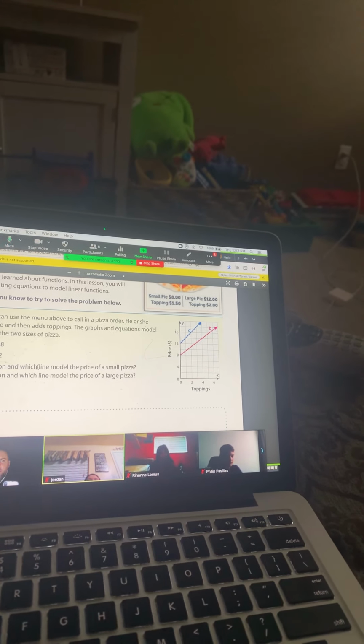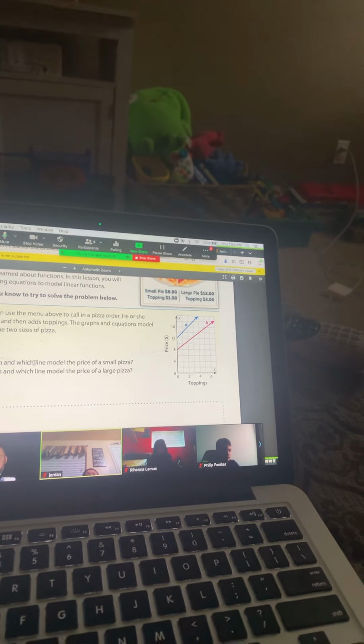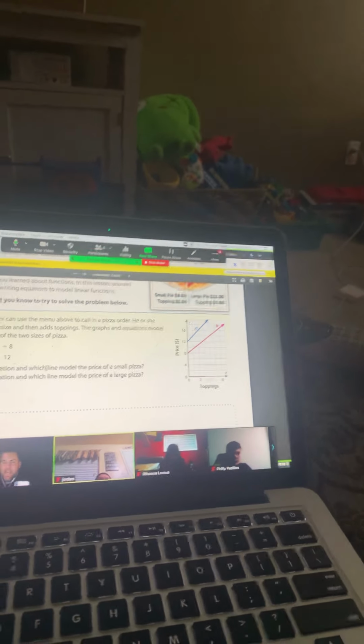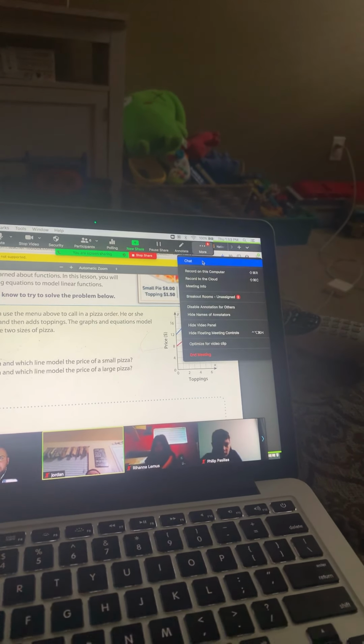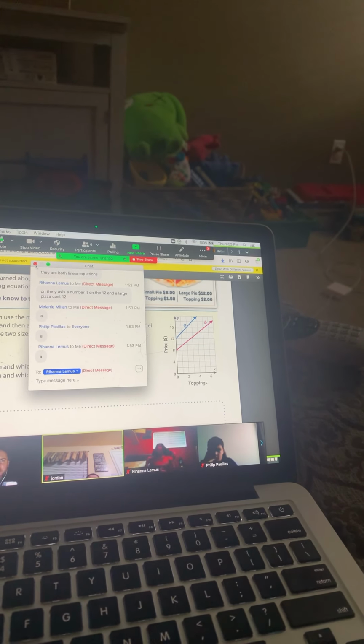So, if we know that a large pizza costs $12, which equation or which line goes with the large pizza? Which line, A or B, goes with the large pizza? A, very good.